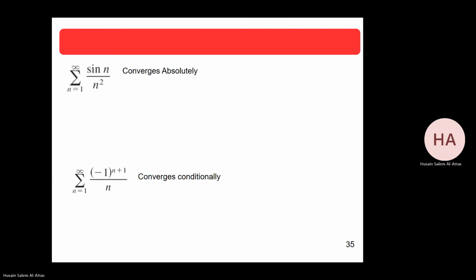Let me check this one. This series will converge absolutely. Why? Because if I take a_n as sine n over n squared, what I will do with this series?